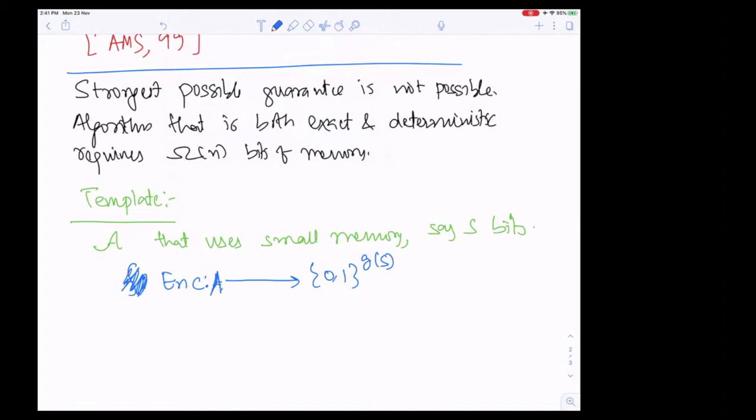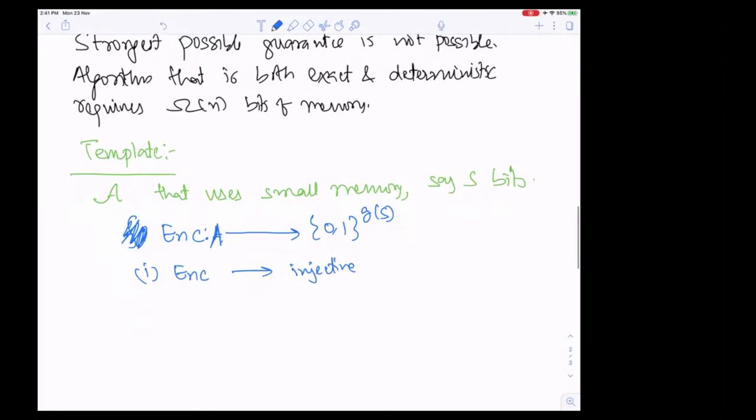Okay. So what is the property of this function? First, this is injective, meaning encoding of X is not equal to encoding of Y if X is not equal to Y in A. Okay.